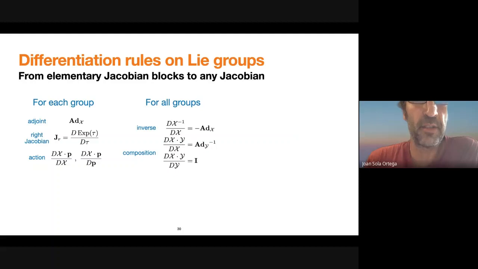Likewise, the derivatives of the composition with respect to each one of the terms is either the adjoint of y minus 1 or the identity. And this is true for all groups. It's good to know, okay? Doesn't matter if you are working with quaternions or with complex numbers. So this is always true.